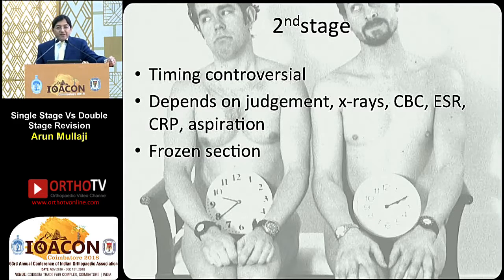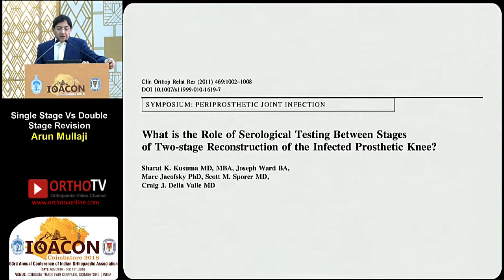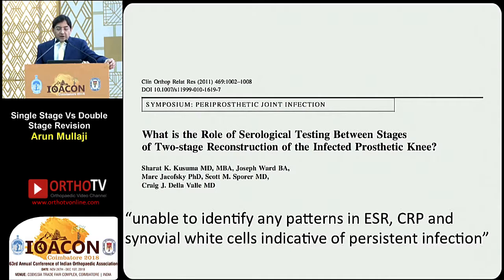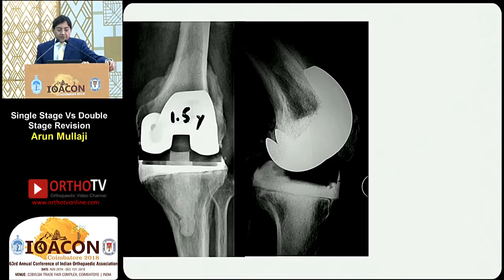Timing of the 2nd stage is controversial and depends on essentially your judgment, X-rays, and serology, as well as a frozen section. Now, this recent study shows that the serological testing between 2 stages is unable to identify any patterns in ESR, CRP, and synovial white cells, which may be indicative of persistent infection. In other words, you're still down to your clinical judgment.